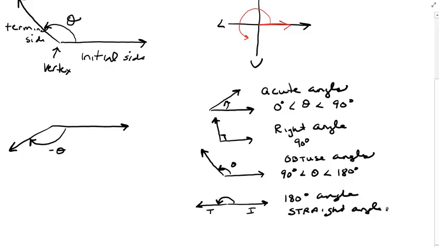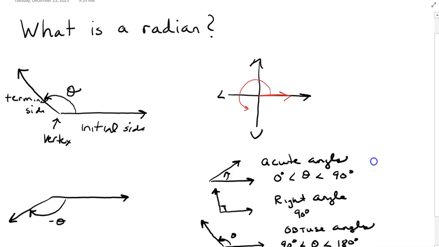So, hopefully all of this is what you remember from middle school mathematics. How does it get us back to our initial question: what is a radian?